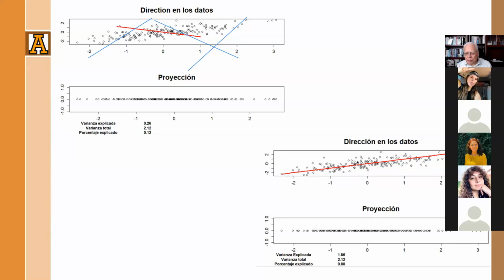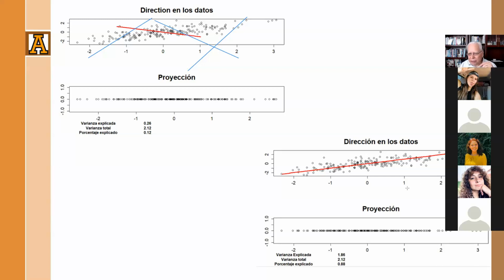If you look at all the points here, most of the variability is occurring along this direction. Along this other direction, the variability is very, very small. We have just a few points there, whereas here most of the data fall along this direction. So that would be the first eigenvector, okay? That would be the first eigenvector.